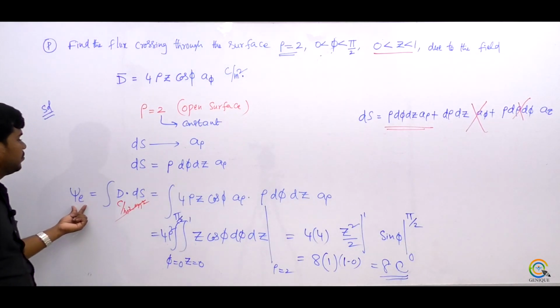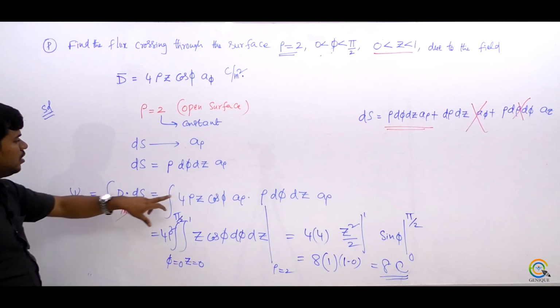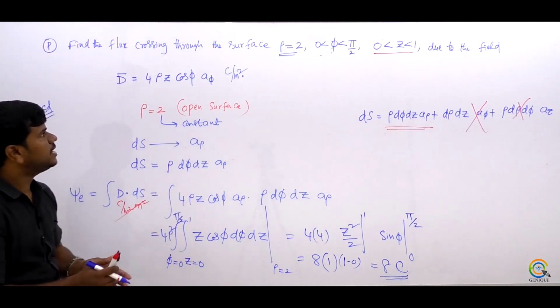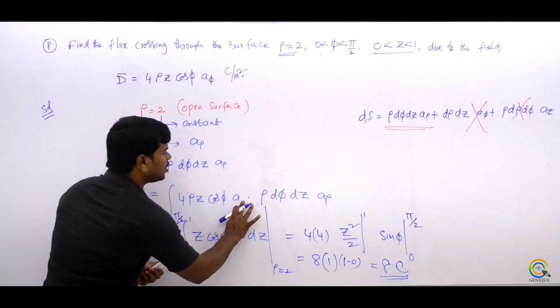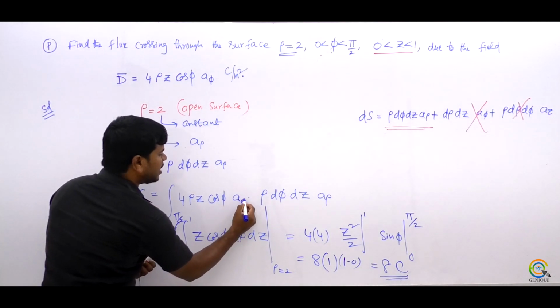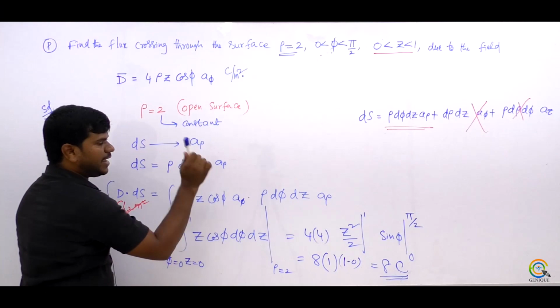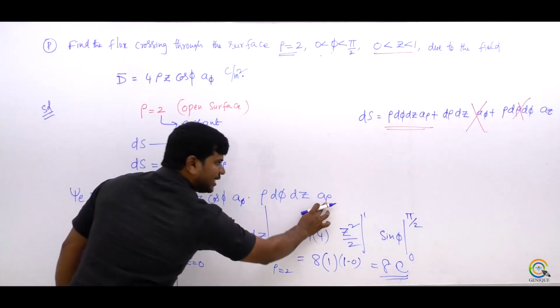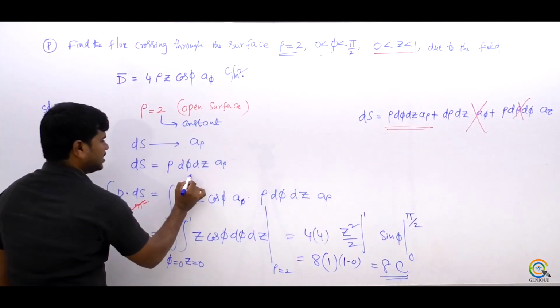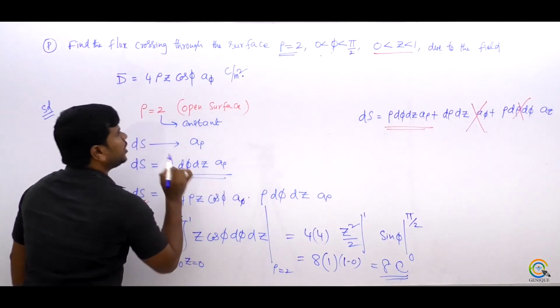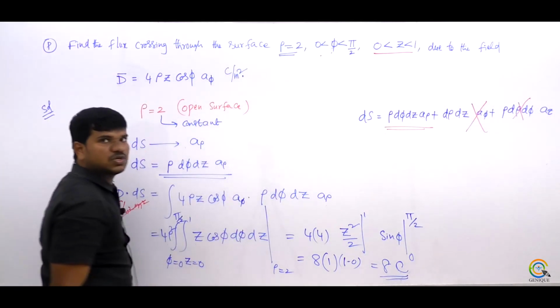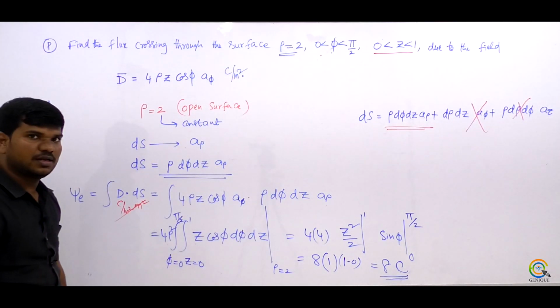What is this field? D equals 4 rho z cos phi. It is given as a phi, not a rho. Understand? But the surface is rho equals constant.